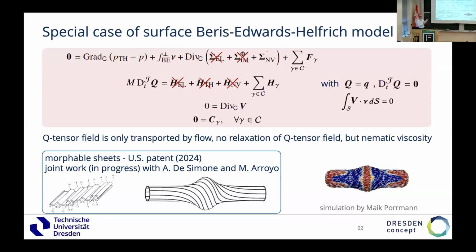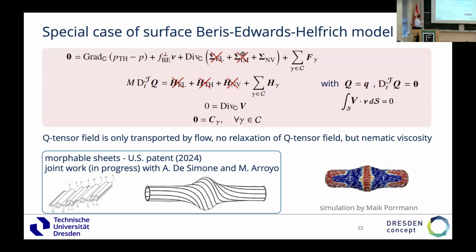It's kind of frozen in the surface, and it's only transported with this Jaumann time derivative with the flow. Okay. And also the contributions to the flow are neglected. So this is what we would like to consider.